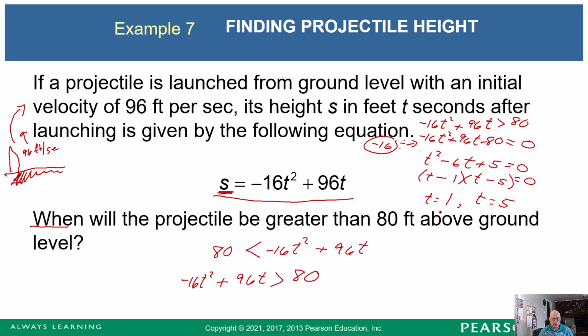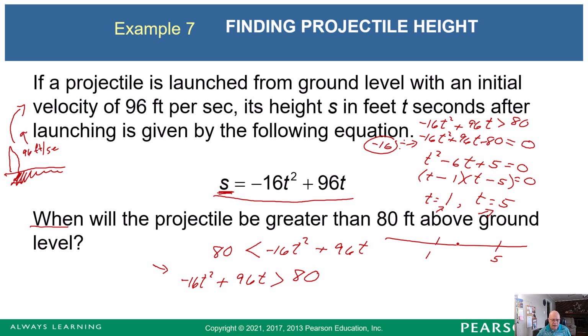Well, here are two special points. When will it be greater than 80 feet? Well, let's see. Put a 1 second here and a 5 second there. And we've got our inequality down here.